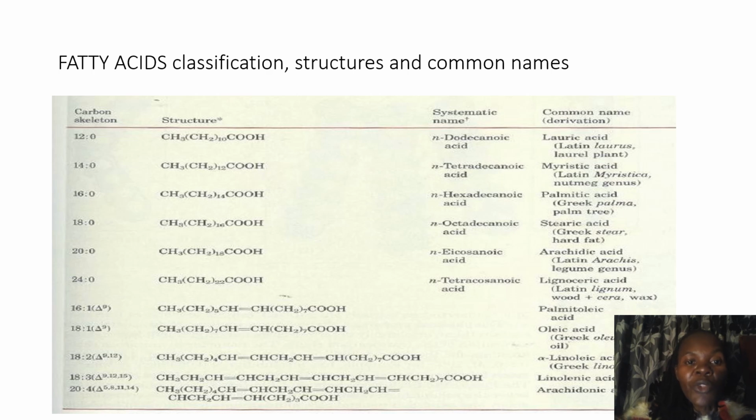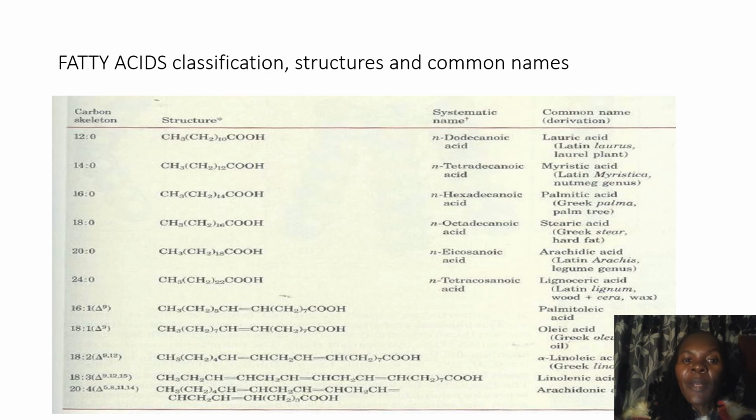So you can also draw the structure in this way. Which one is easier for you? No problem, as long as you draw it correctly. But you have to know that when you are drawing it in this way, you have to separate the carboxyl terminal end clearly and the methyl end.